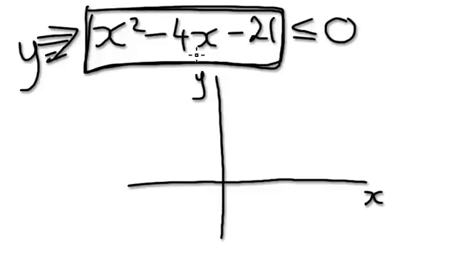Okay. So now when x is small, these two terms here dominate. So it will be an intercept of minus 21, and then you've got a gradient of minus 4. So I'm going to guess it to be something like this.